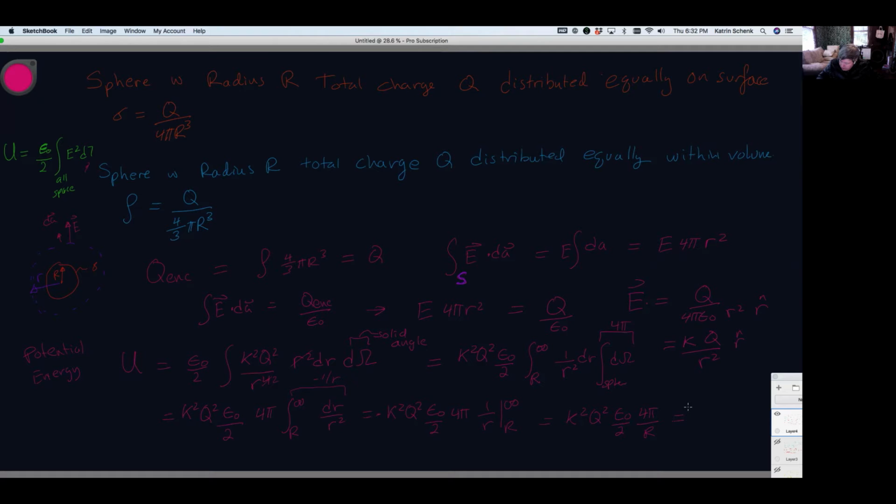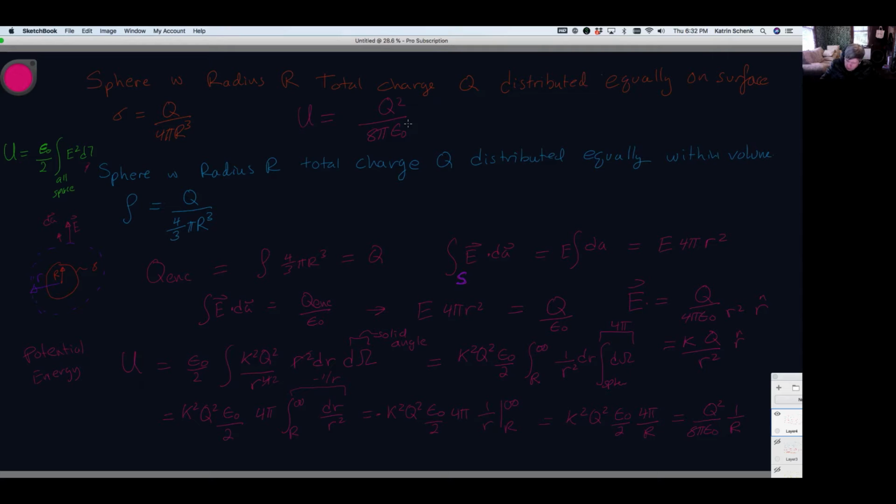But what I'm going to write down is q squared over 8 pi epsilon naught times 1 over r. Let's remember that. That is for the red sphere. So we know that U, and I changed colors, now it's the pink one, is q squared over 8 pi epsilon naught.